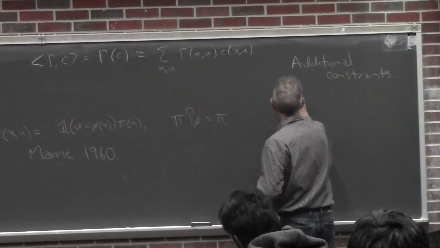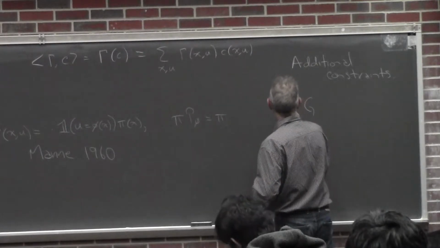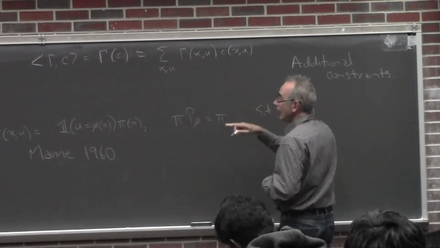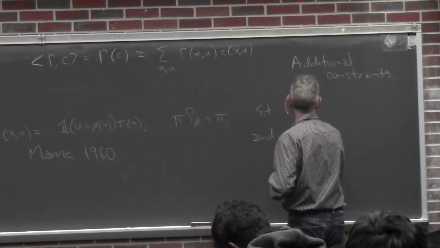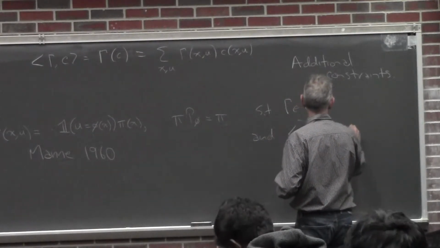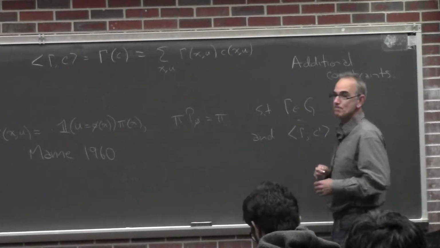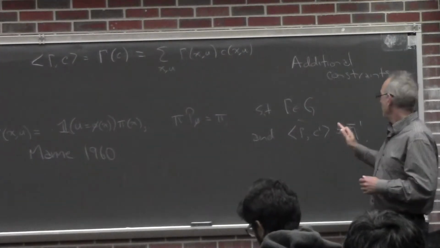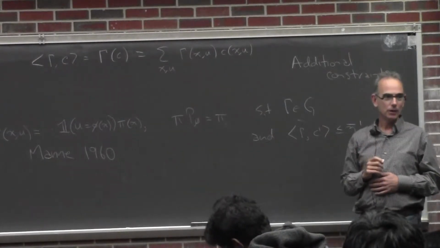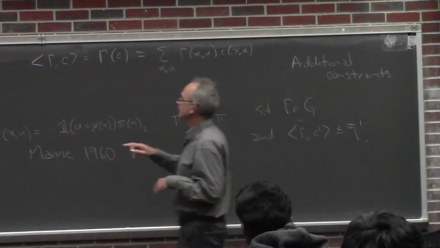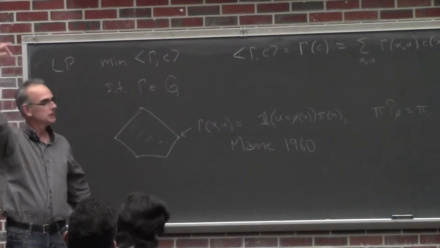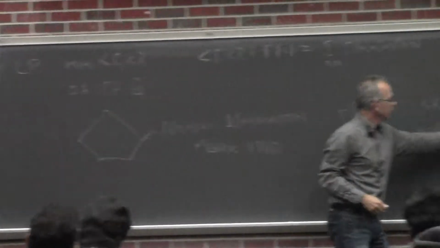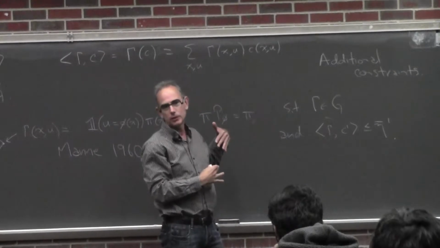So I could say gamma's in G, and, for example, just one extra function. That's a half-space constraint. Even though gamma is a matrix, just stretch it out into a vector. It's a vector in Euclidean space, and saying a dot product is less than a constant defines a half space in Euclidean space.